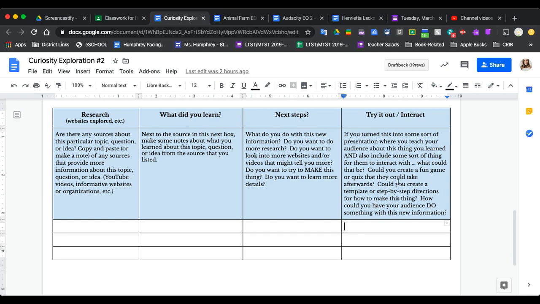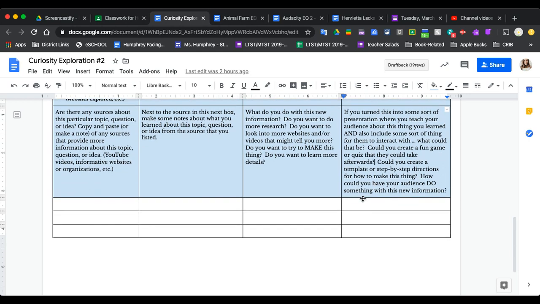In regards to that final project, you're essentially going to be creating some sort of presentation where you can teach the audience about what you've learned, whatever this particular thing is. And then the second part is that you need to include something for the audience to interact with. So this is where you're going to be brainstorming, how can I turn this into something interactable? It could be a how-to guide to make your own kite, the best kind of kite with these sorts of homemade materials.